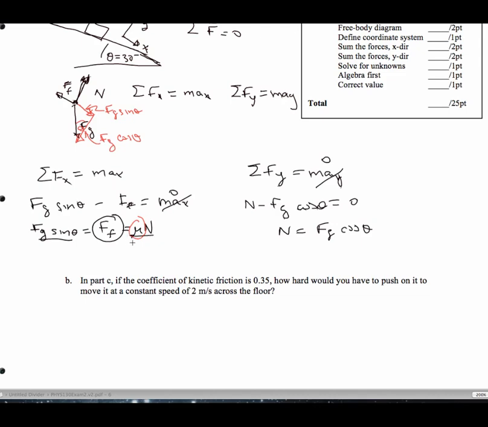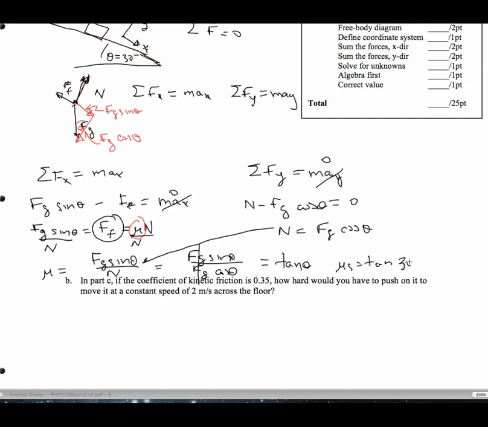I get the coefficient of friction mu is Fg sine theta divided by the normal, and now I plug in my normal from my y equation, and I get Fg sine theta divided by Fg cosine theta. The gravities cancel out. Sine theta over cosine theta is tan theta. So my coefficient mu s is the tan of 30 degrees, which equals 0.577.